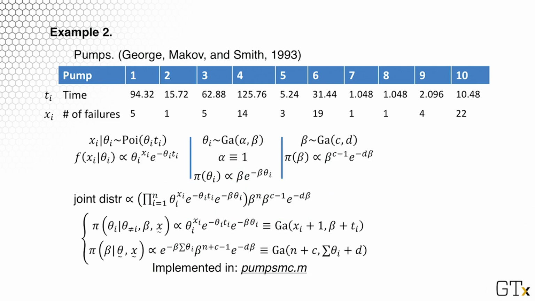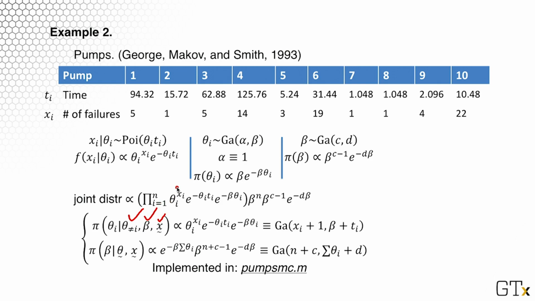Now we need to derive from this joint distribution the full conditionals. So we fix theta i and we condition with respect to all values which are not theta i: thetas for indices different than i, beta, and data.